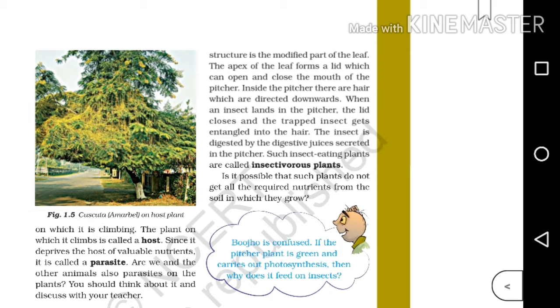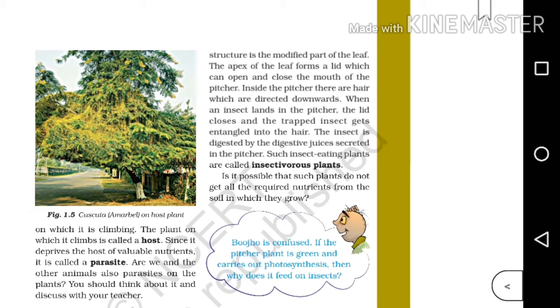So when an insect comes, the pitcher plant will trap this insect. Do you know how? Yes, this is because of the hair present inside the pitcher. So the pitcher plant is an insect eating plant and it is having a pitcher-like structure along with a lid.